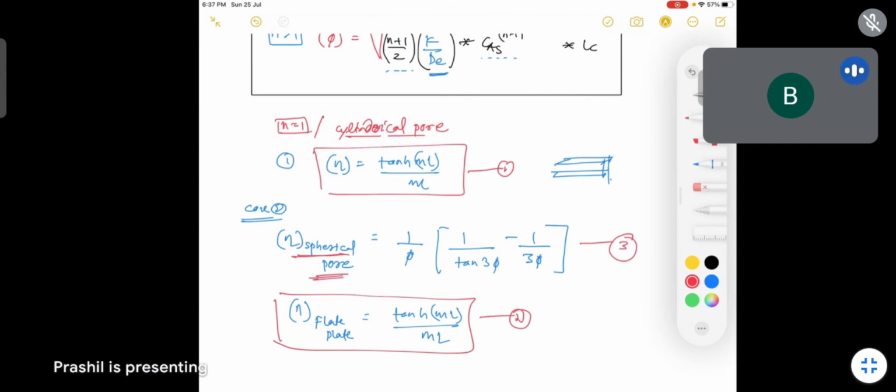First please write down the definition of phi and the definition of the effectiveness factor, and based on that you can guess. Meanwhile I write the cases: case 1, case 2, case 3 and case 4.